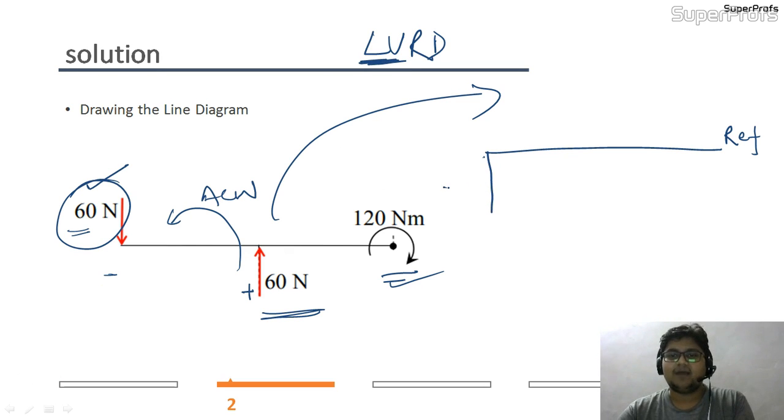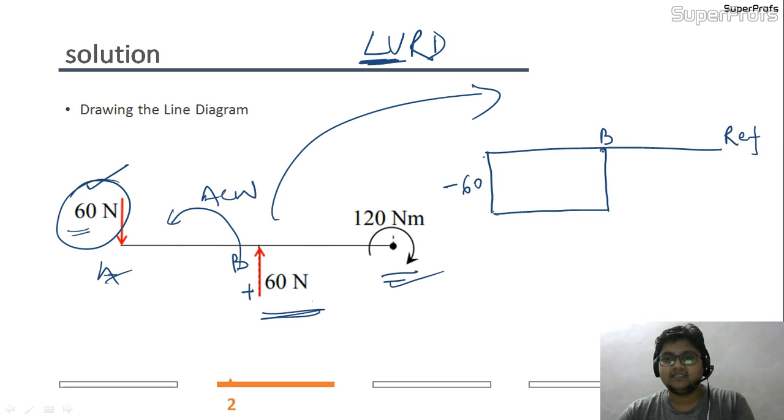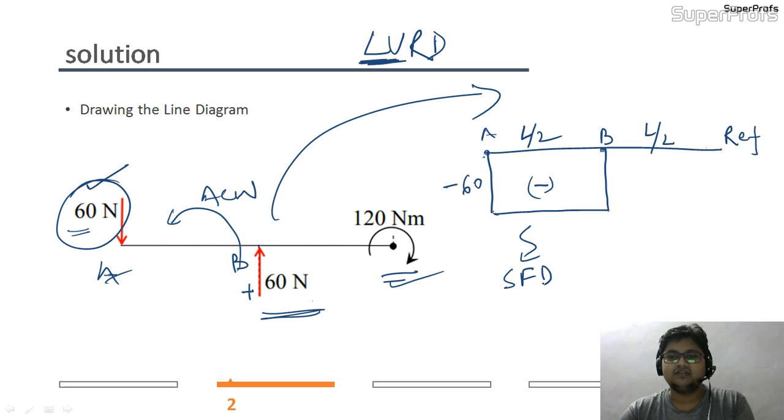So this is my minus 60 here, and it will be constant because there is no external point load acting between points A and B. So it will be a horizontal straight line, and again as 60 Newton is at point B, it will go upward at point B and come out to be 0 here. It is A, and after point B, as there are no other forces, my shear force diagram will be this only. This will be L by 2 length and this is L by 2 length, and this is my shear force diagram.